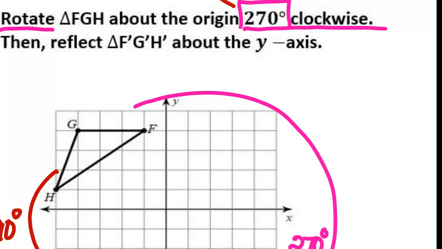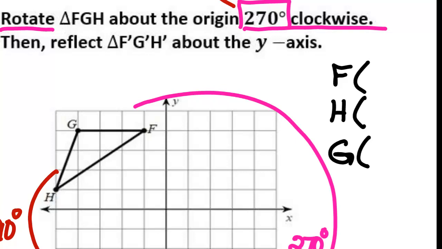So let's write down our ordered pairs for F, H, and G. What's the ordered pair for F right now? I'm sorry, I didn't hear.